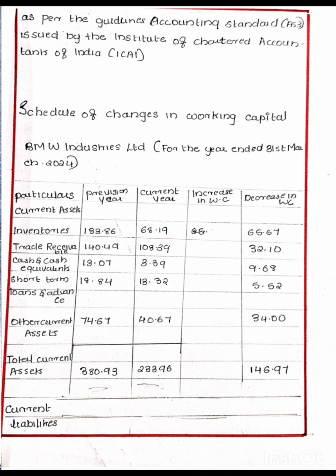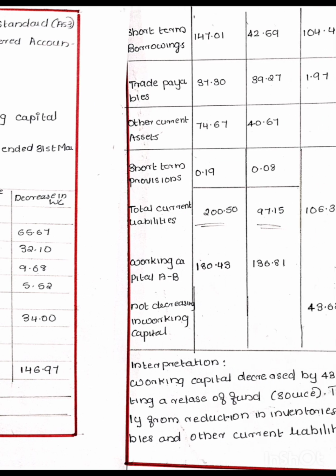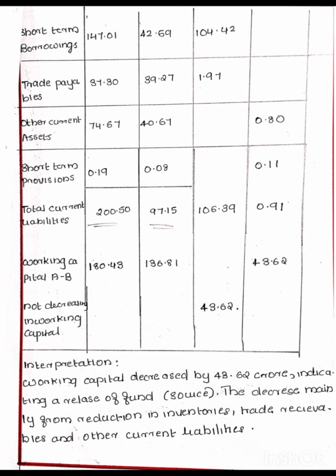Then the current liabilities. Short term borrowings are 147.01 in the previous year and 42.59 in the current year. Then there is an increase in working capital of 104.42.